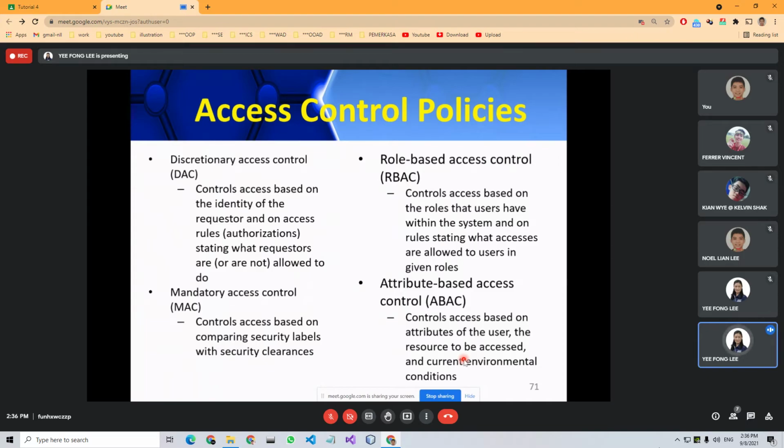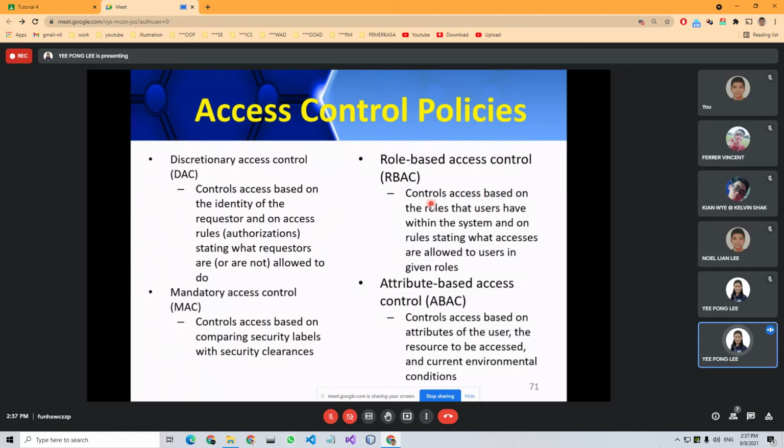Okay, these four policies are not mutually exclusive. Mutually exclusive means independent. These four, no, some can be combined. Some access control mechanisms can employ two or even up to three different policies together.